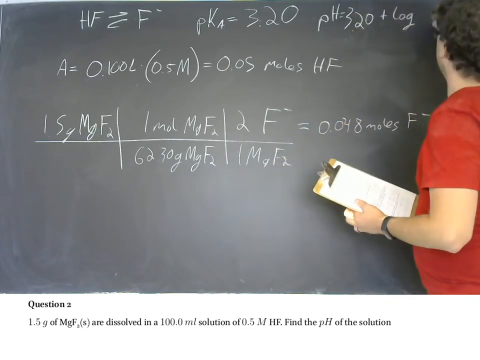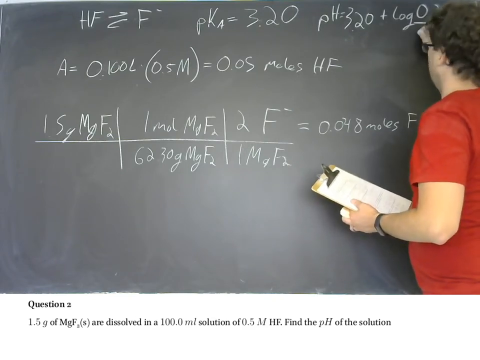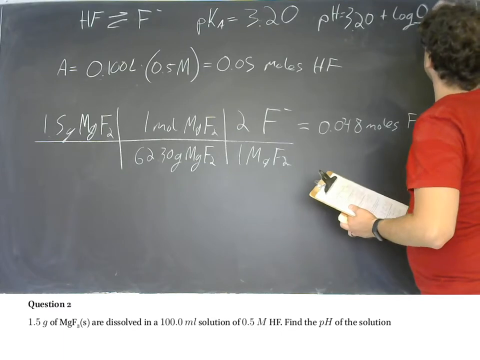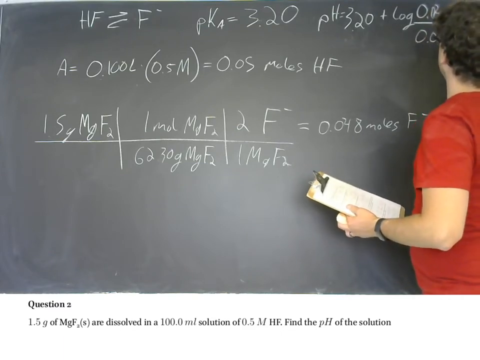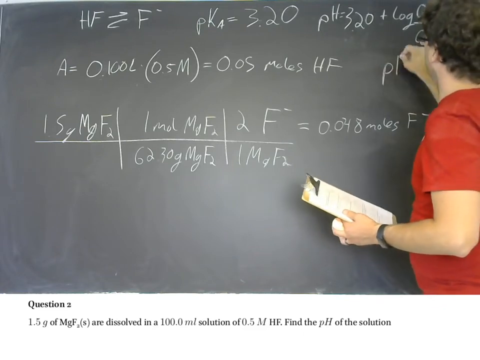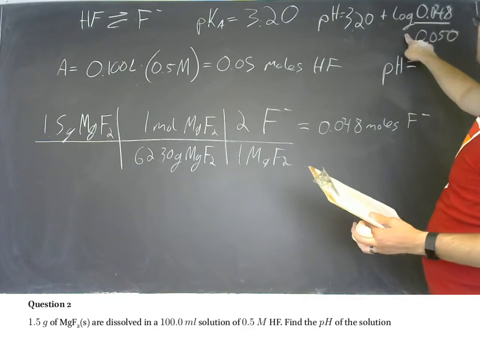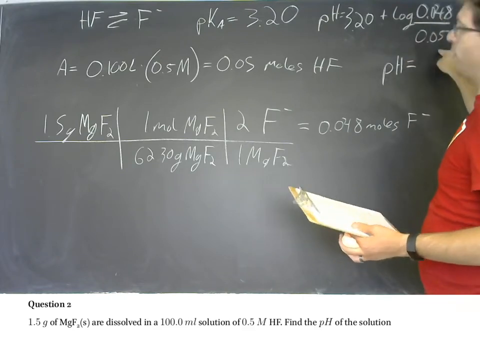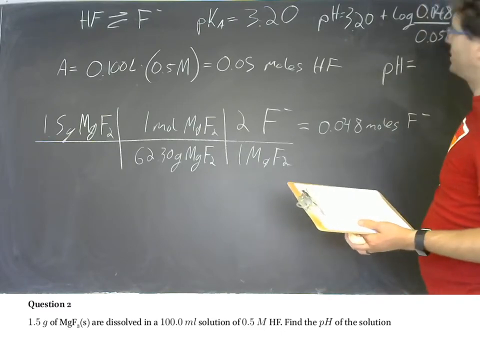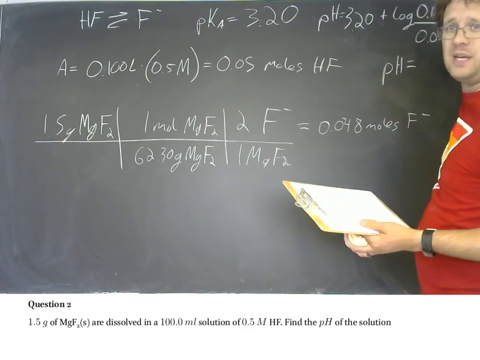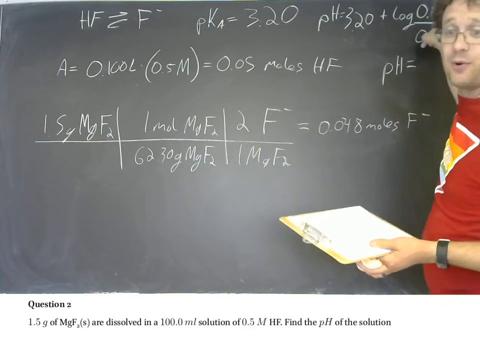That would be 0.048 over 0.050. So 3.2 plus the log of 0.048 over 0.050. And to be honest, when I put this in my calculator, I just did 48 over 50 because it's just the ratio that matters.